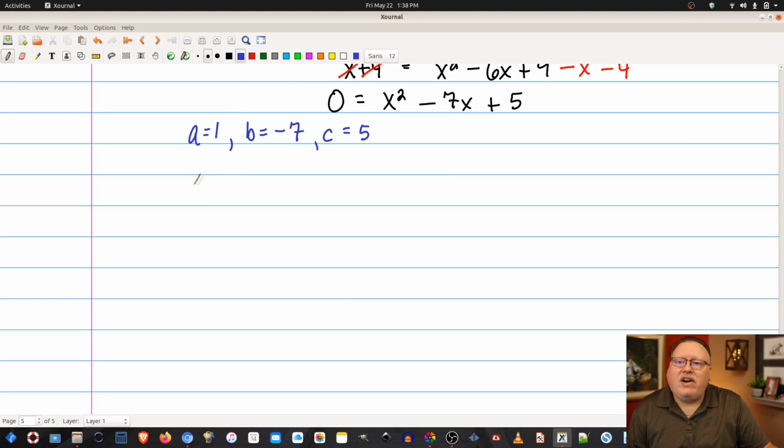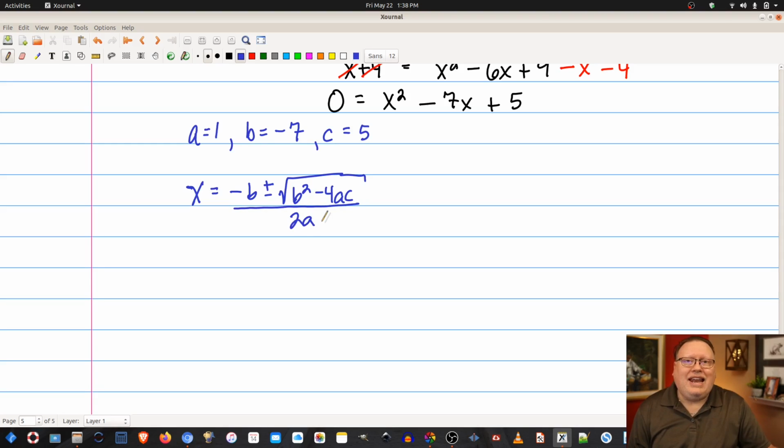And we're going to say our x is equal to opposite b, plus or minus the square root of b squared minus 4ac, and all of that is over 2a. And now we just want to substitute our a, b, and c into the quadratic formula and find our x values.